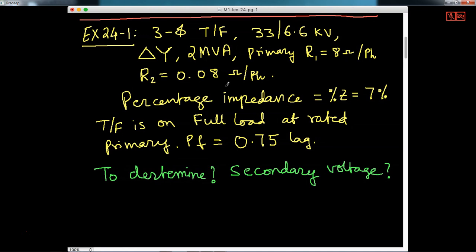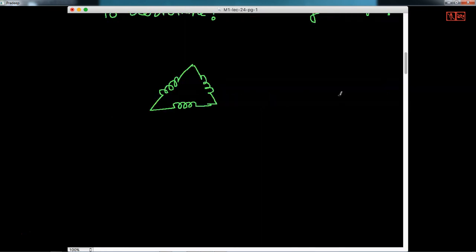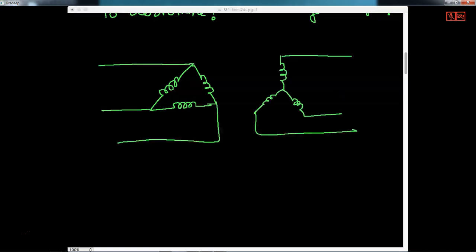It is given in the question that the rating of the machine is 33 kV.